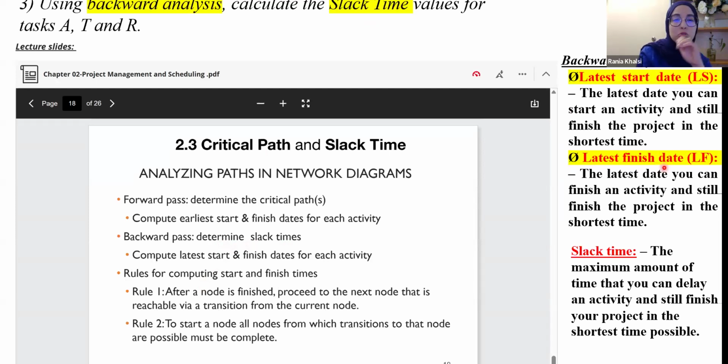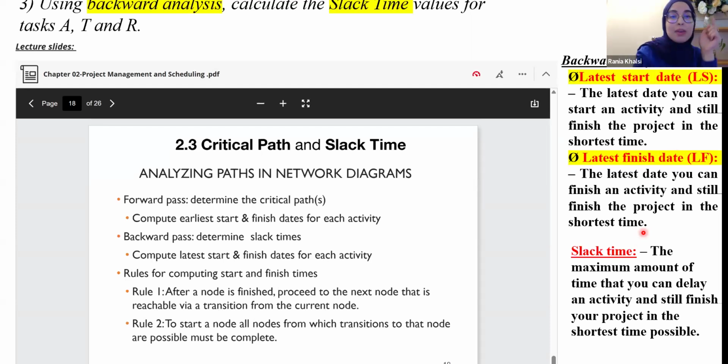The latest start date is the latest date that you can start an activity and still finish the project in the shortest time. The latest finish date is the latest date you can finish an activity and still finish the project in the shortest time, okay? So we will focus on this in order to compute the slack time.